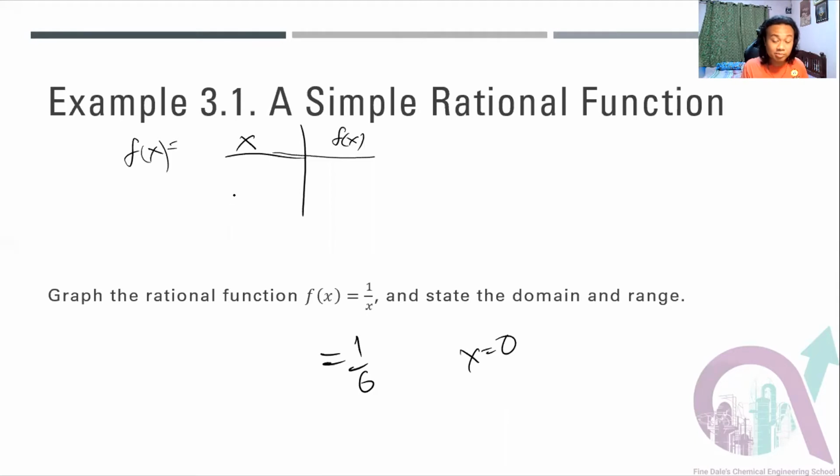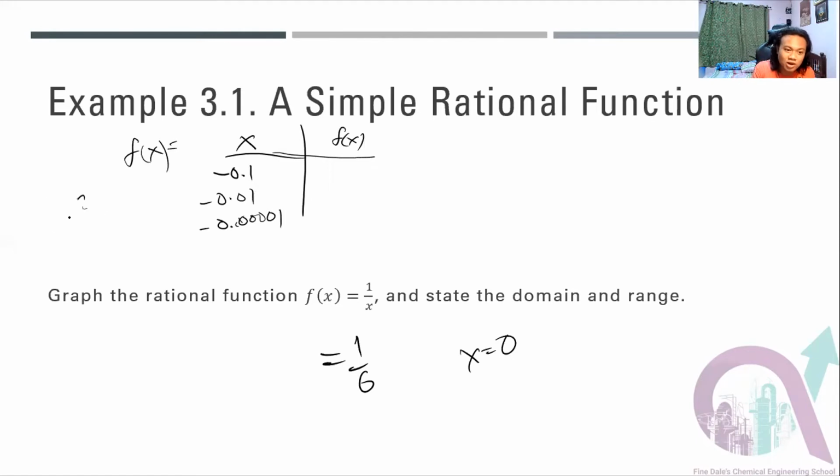So, kung mag-input tayo ng negative na mga numbers, di ba? So, for example, negative 0.1, negative 0.01, negative 0.00001. Okay? So, if i-substitute mo na siya sa 1 over x, kung negative infinity siya, approaching 0.